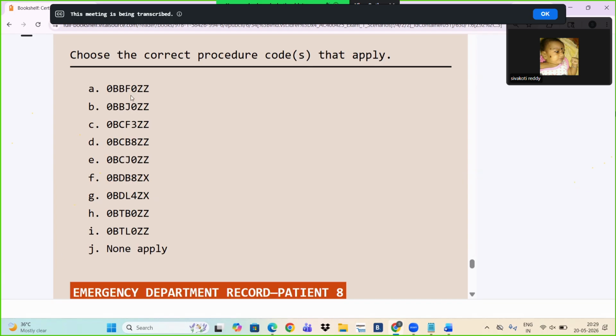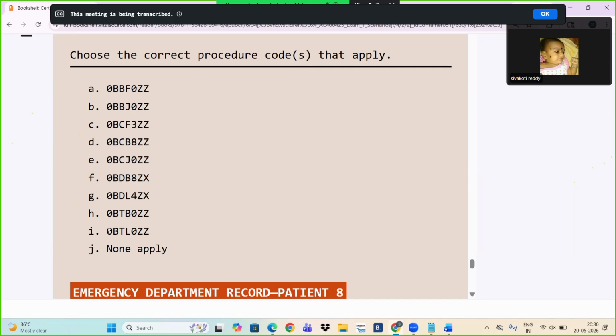Now check these options. What technique do you use to eliminate? First method, or you will go for each code. We'll search resection. What is the resection value? T. We have H and I. Only two options have T in the third character.